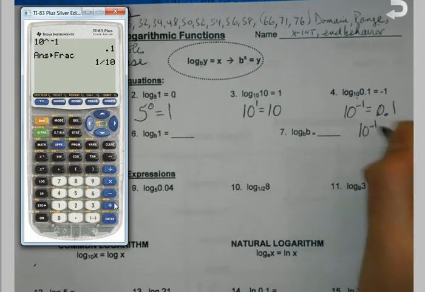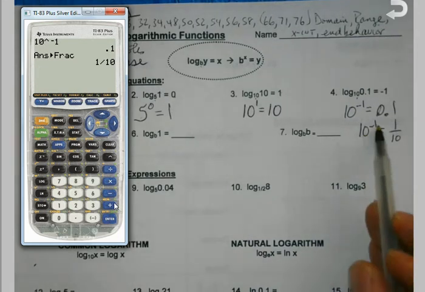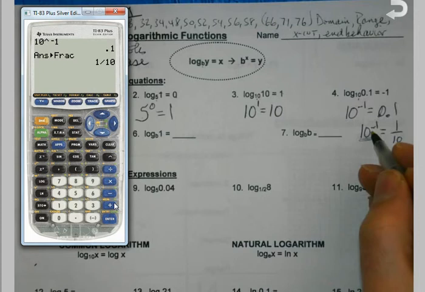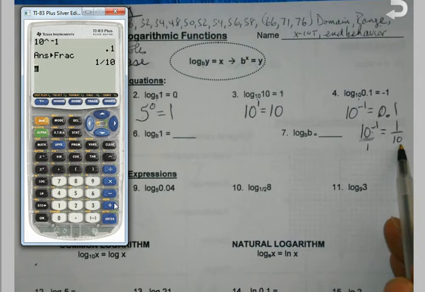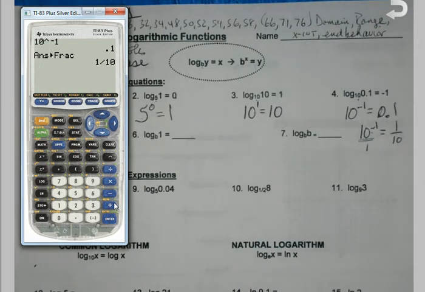When I have a negative exponent, remember that doesn't make the answer negative. It means I take it and flip it. I take its reciprocal. The 10 goes down to the bottom. Oh, okay, this makes sense. So when there's numbers everywhere, it makes it a little bit easier for us to see if it's going well or not.